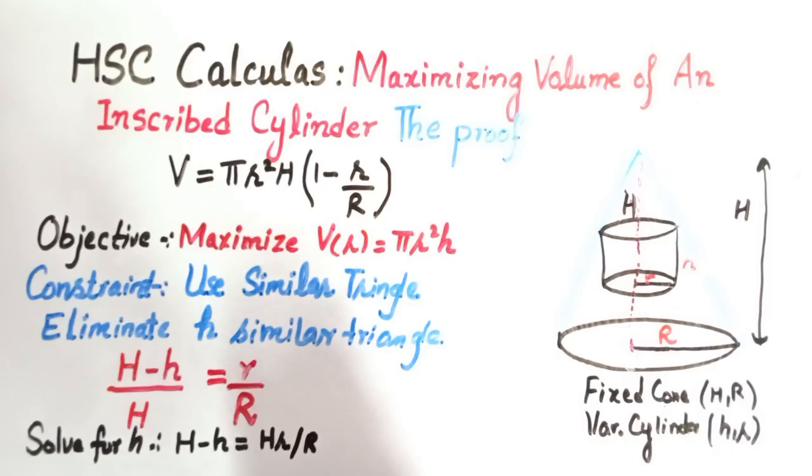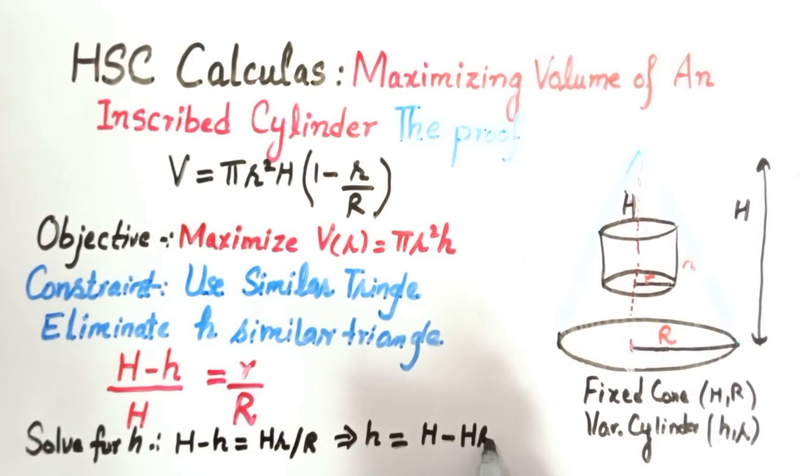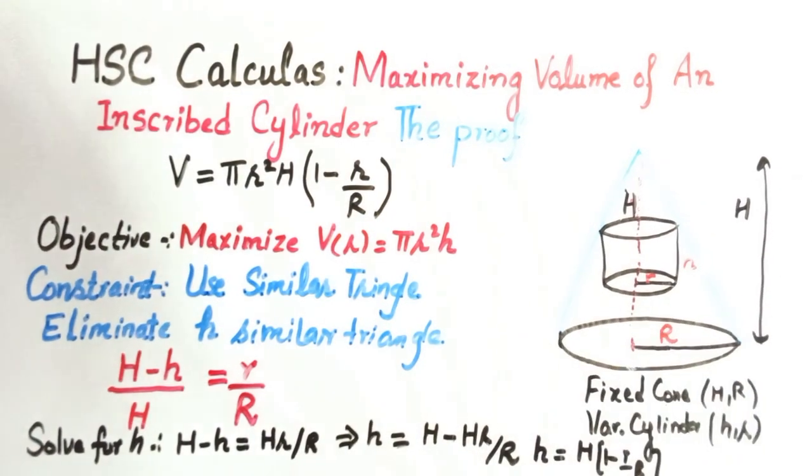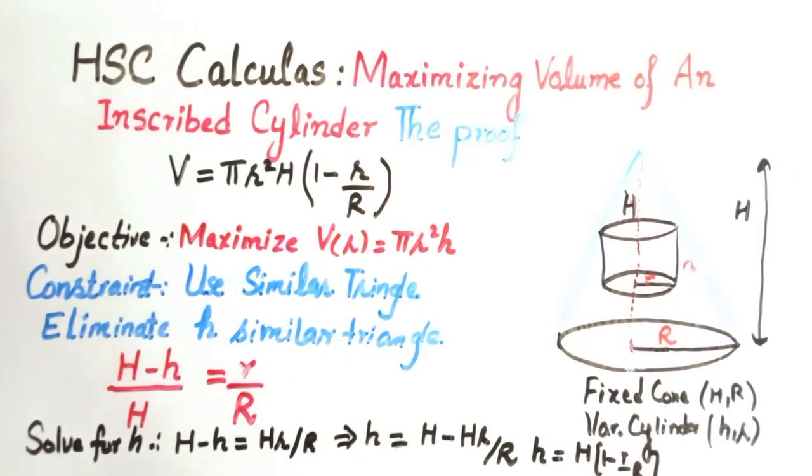Then it will become small h equals capital H minus Hr by capital R. So what will be the value of small h? Small h will equal, taking capital H as common, H times (1 minus r by capital R). So this is the value.